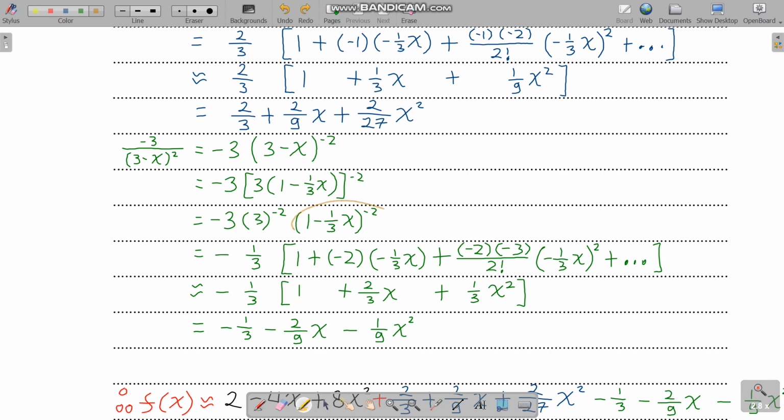And now we can use the binomial formula. This is 1 plus nx plus n(n minus 1) over 2 times x squared. And this is 2/3 x, and this is 1/3 x squared if you use your calculator. Okay, don't forget this is also squared. And multiply.